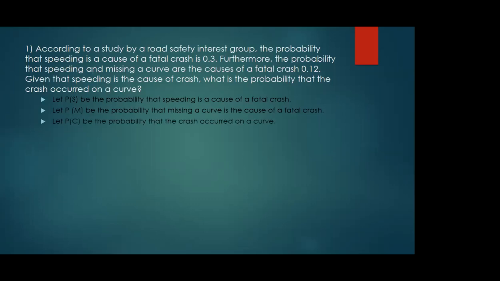Then we're going to say let P of C be the probability that a crash occurred on a curve. So we have 3 different events: the probability that speeding is a cause of a fatal crash, the probability that missing a curve is a cause of a fatal crash, and the probability that the crash occurred on a curve.